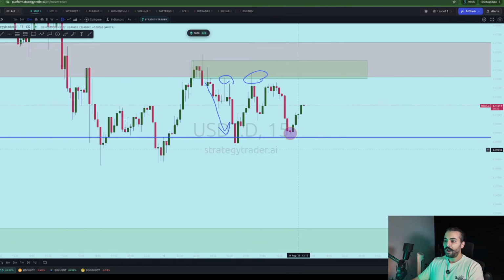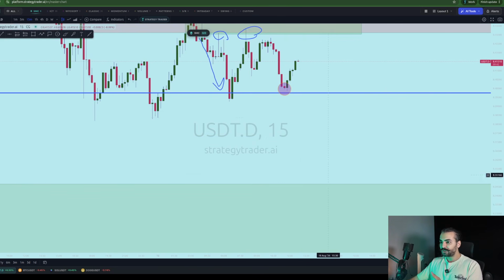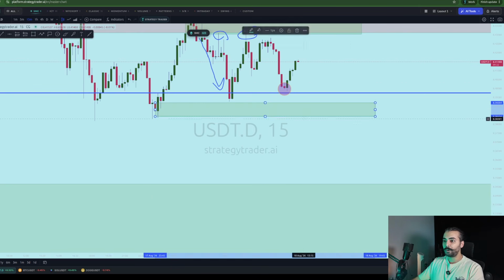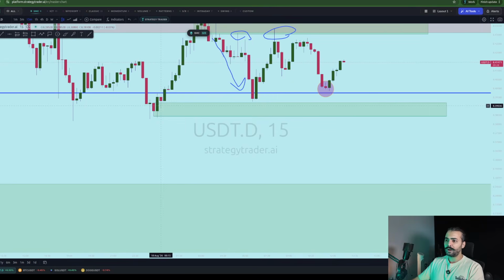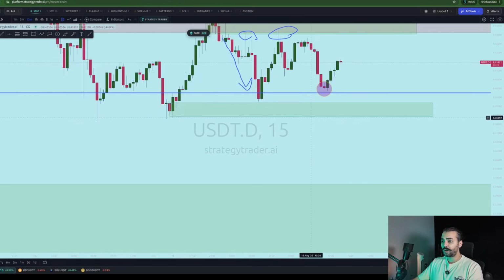So from here, I am going to wait until we close below this circle. Once we close below this circle, then we know that the next target is going to be the green box. Okay, this is very straightforward. Also, this might be a little bit risky because we do have a few more order blocks around here, even though they have not been touched, I mean, at least just touched one time.